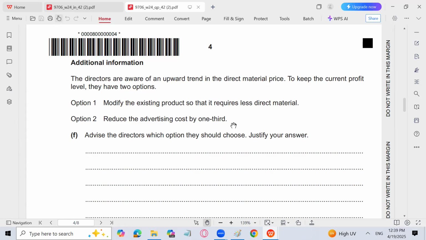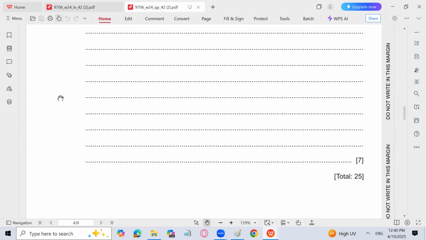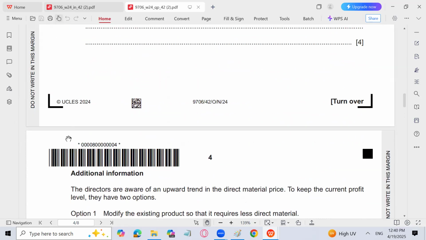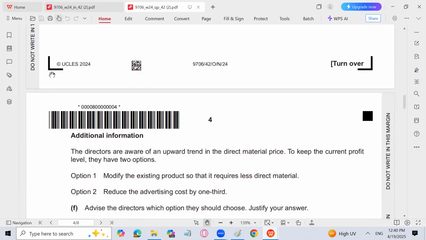So option 2 would be the better choice, because if you go for option 1 and modify the existing product, it might not attract the customer at the same level, right? And the customer might ask us to reduce the price also because they believe that this is a new, different product that requires less direct materials, so we should decrease the price. So that will have a bad impact. Option 2 is a better choice according to the variance analysis because it will also help us improve our overhead expenditure, which will be on the lower side, because currently it is adverse.